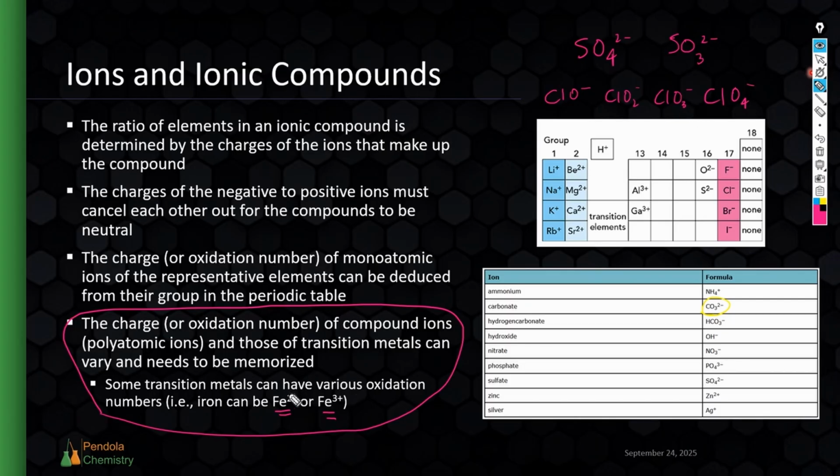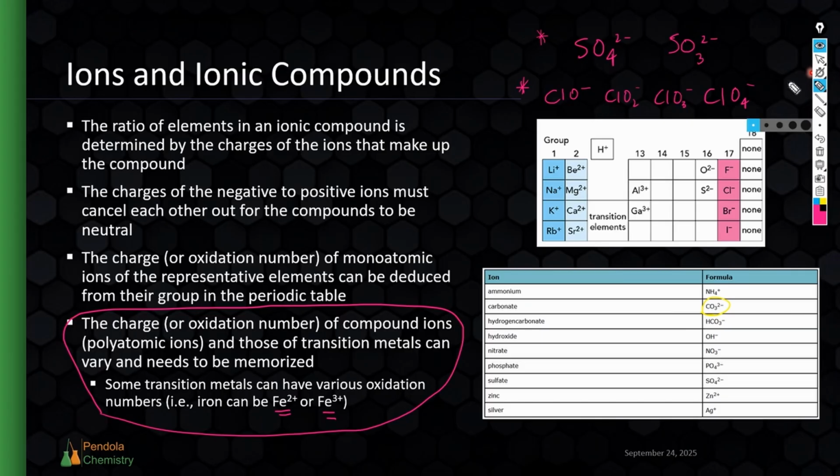So when we have these distinctions of transition metal ions with various oxidation numbers, and we'll look at why we call them oxidation numbers in a later chapter, we can just call them charges for now. But when we have transition metals with multiple oxidation numbers, or this family of ions, which are similar ions but with multiple different ratios between oxygen and another element, we have to be careful of how we look at compounds.